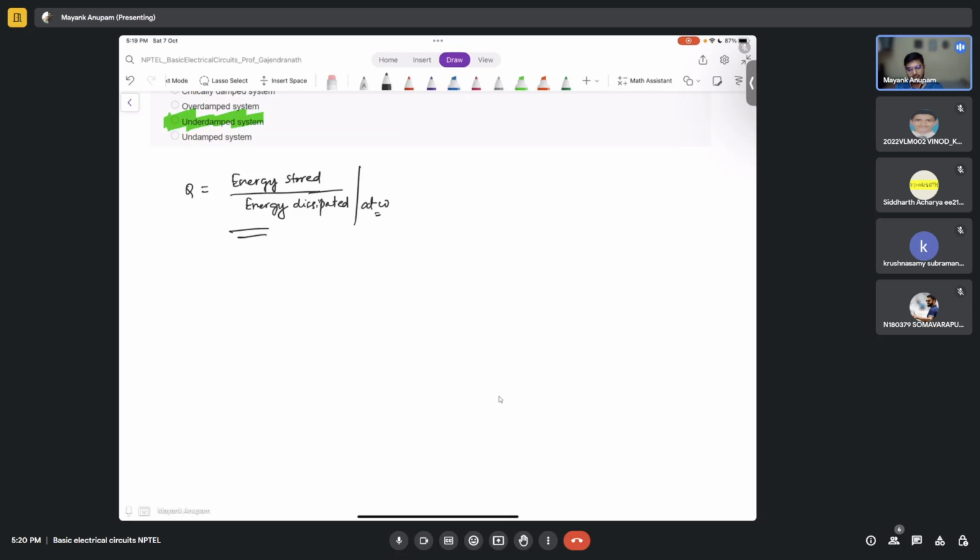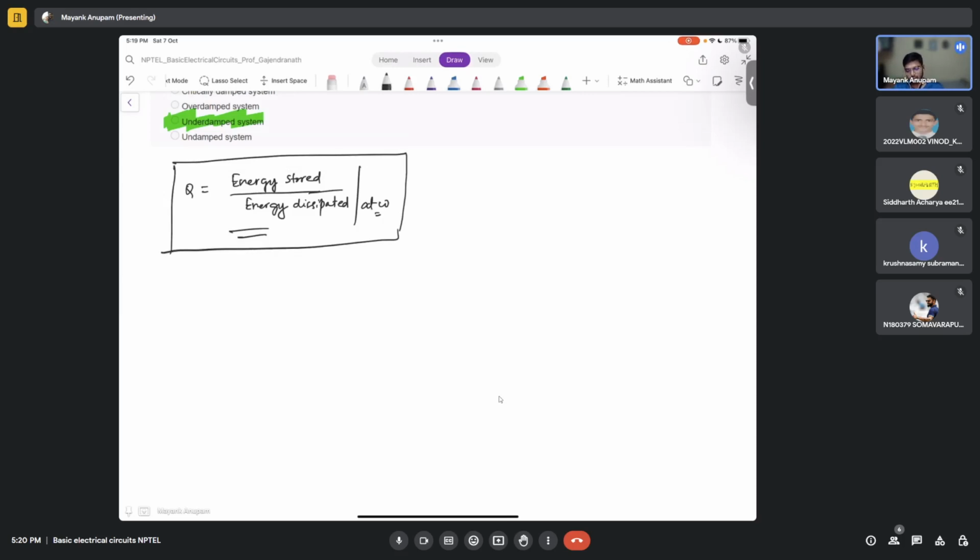The exact derivation is out of the scope of this particular course. You will learn that later in some higher level RF course. Broadly speaking, this is the definition of quality factor.